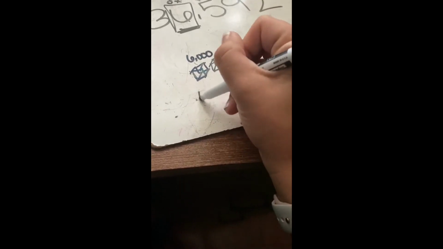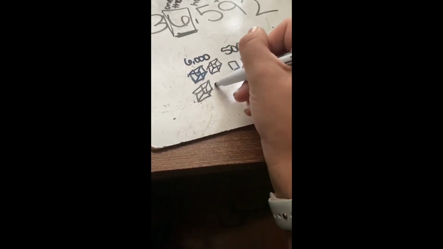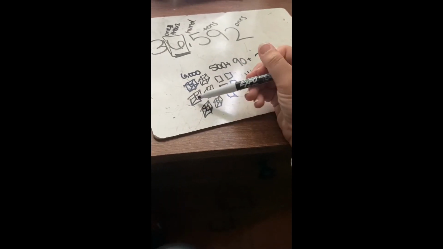So we had 6 of those because this was 1,000. And so if I count up all 6 of them, that would be how I get to 6,000. So 1,000, 2,000, 3,000, 4,000, 5,000, 6,000.